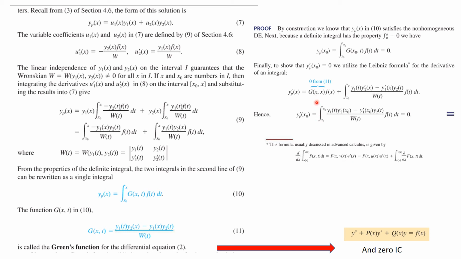And so you see we plug it in, I'm going from x0 to x0, and I get 0 again after I do the calculation using the Leibniz formula. So this is 0 for the initial conditions, which was what I was trying to prove.